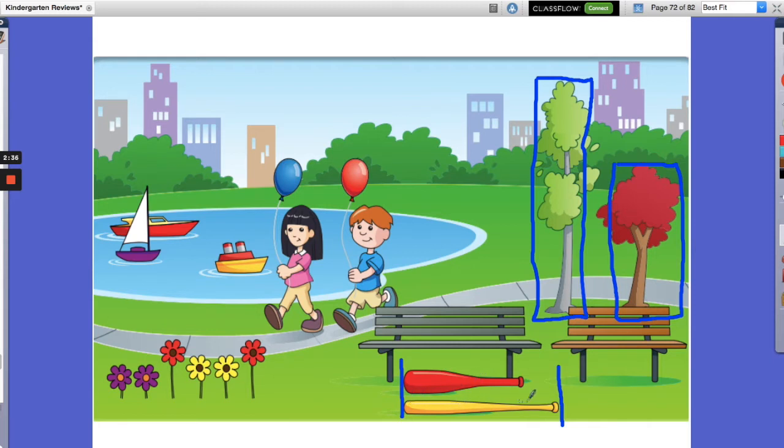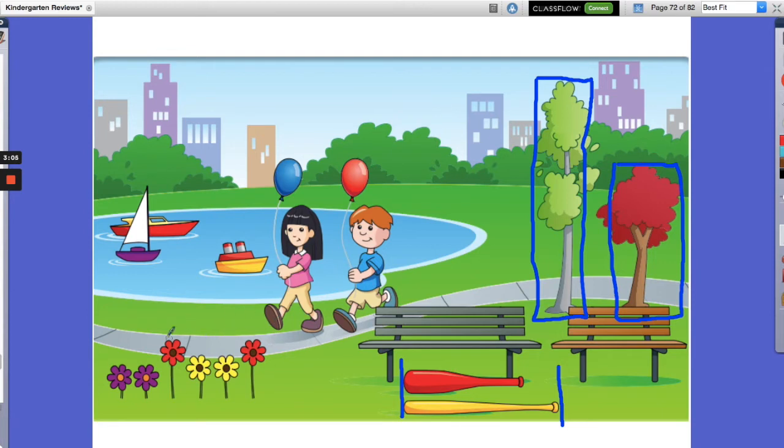The yellow bat is longer than the red bat. What vocabulary word would you use to describe the red bat? If it's not longer, then it's going to be what? What vocabulary word can we use to describe when something is not as long? That word would be shorter. Yes, the red bat is shorter than the yellow bat.